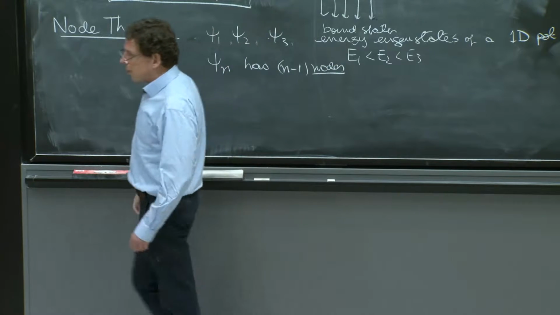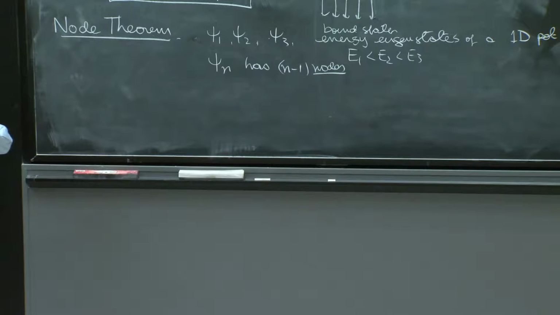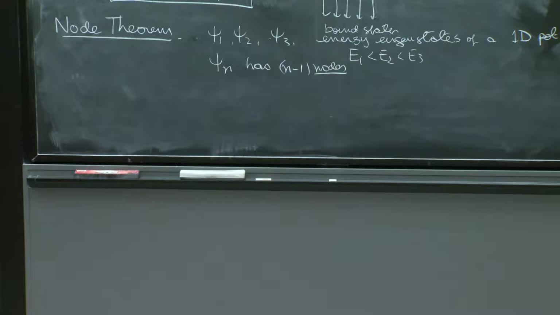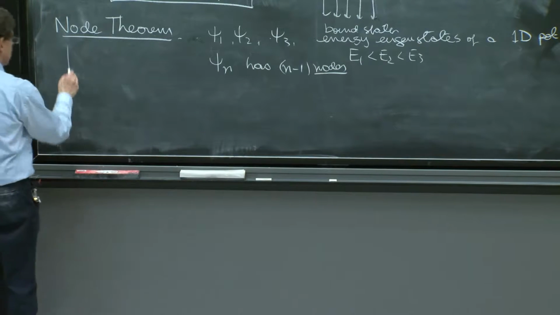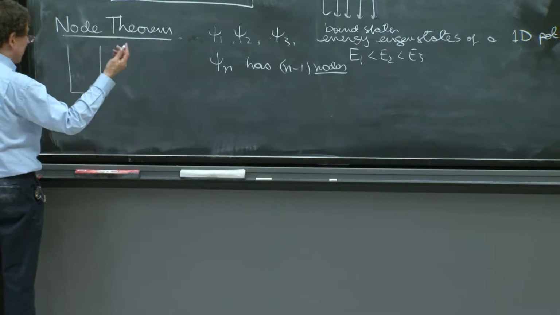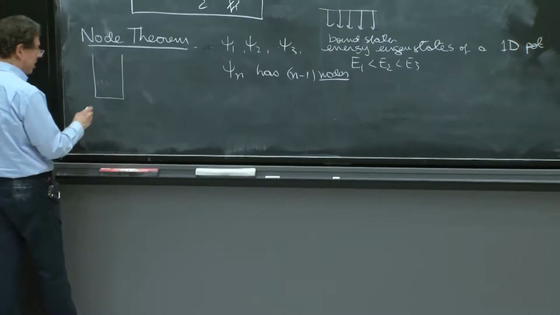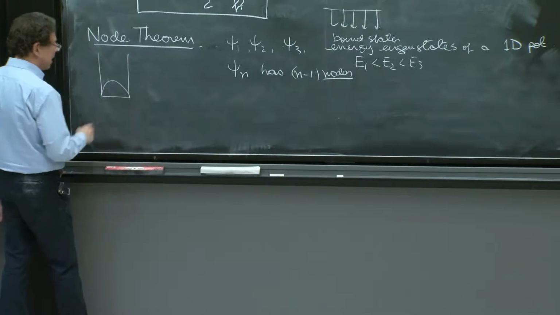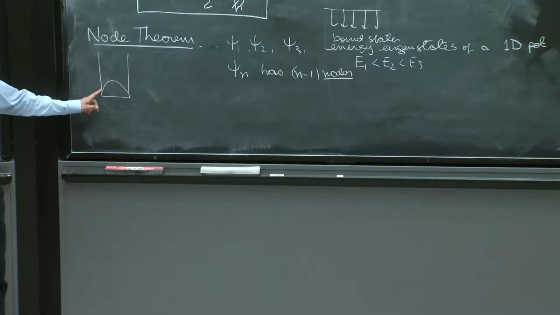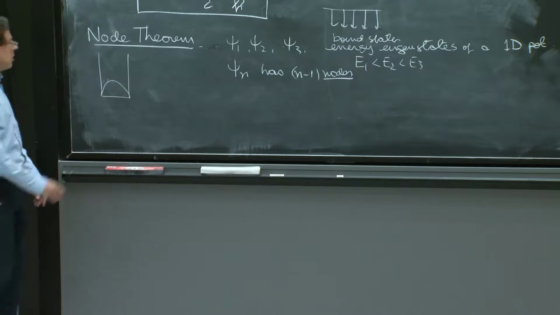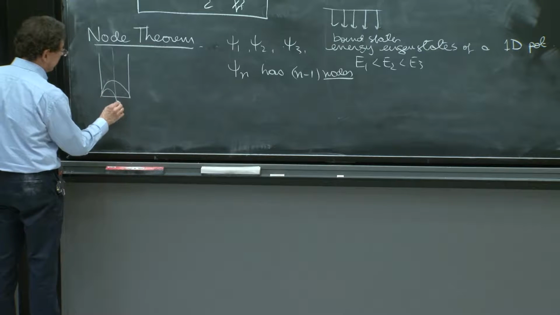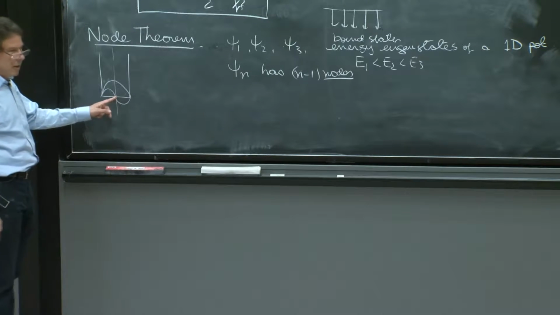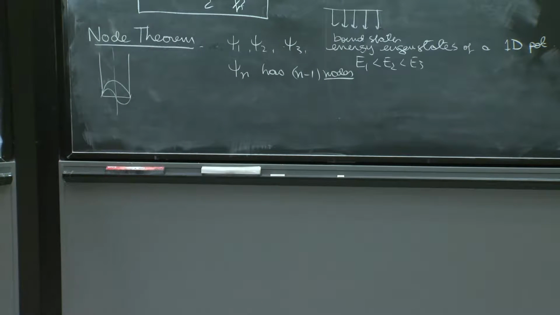Those are points where the wave function vanishes inside the range of x. So for the square well, you've proven this by calculating all the energy eigenstates. The first state is the ground state, has no nodes. The next state is the first excited state, has one node, and you can write all of them, and we saw that each one has one more node than the previous one.